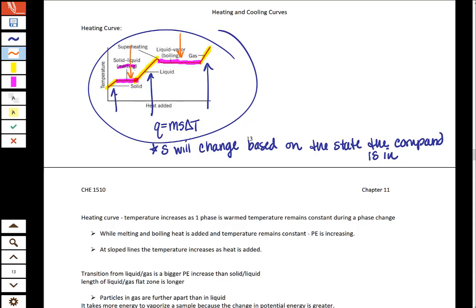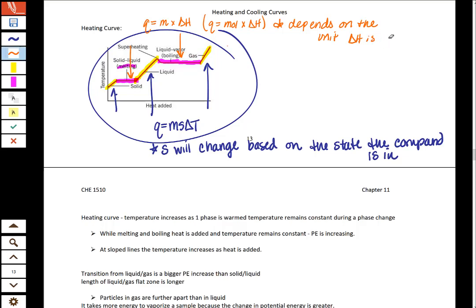I don't even really like to call it an equation, but it is Q equals, let's say, mass times delta H. And the reason I don't like to call it an equation is because sometimes your delta H might not be per gram, it might be per mole, and then your Q would be moles times delta H. And so this just depends upon the unit delta H is in.